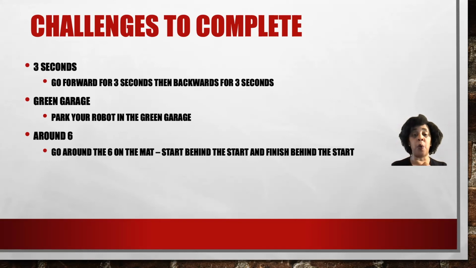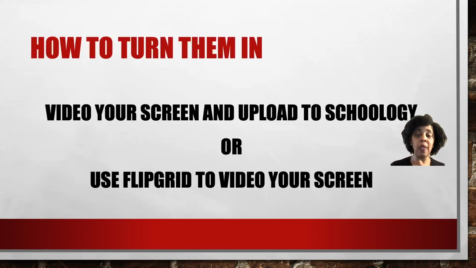The way you're going to turn this in, I'm going to create a place on Flipgrid. You'll get that link on Google Classroom. So the link will be on Google Classroom for you to go to Flipgrid. Or if you already know how to film your screen, you could even use your own camera on your phone and film your screen as your robot is moving and turn that into Schoology.